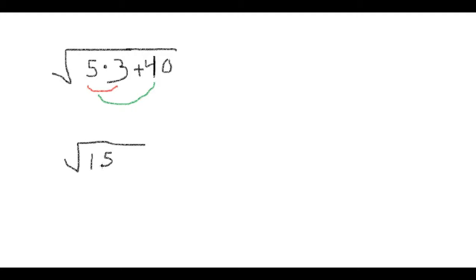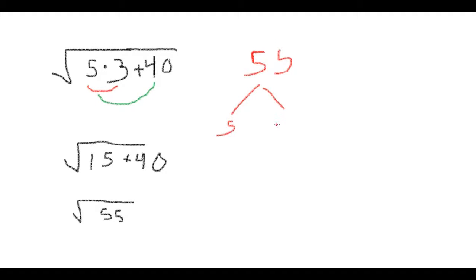Then after we get 5 times 3, we add that number to 40. So if we were to break it down, 5 times 3 is 15. That will be our first step, plus 40. And then 15 plus 40 gives us 55.